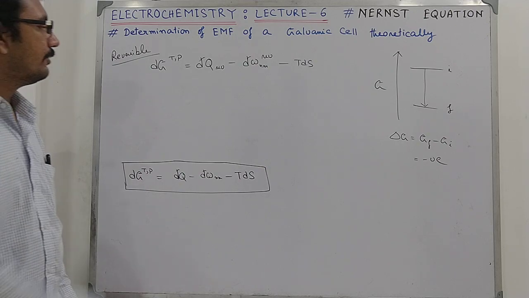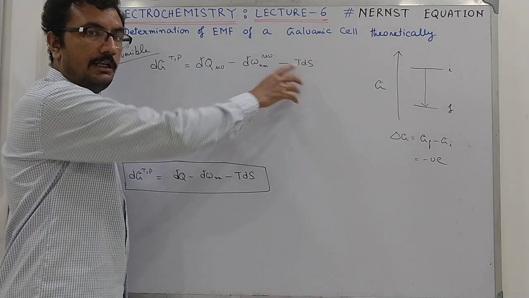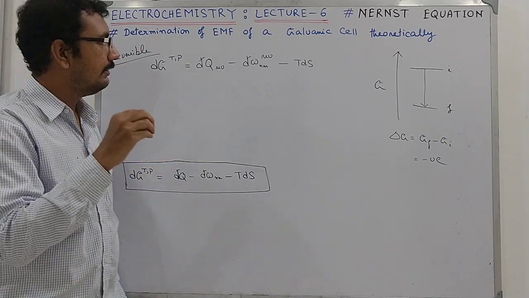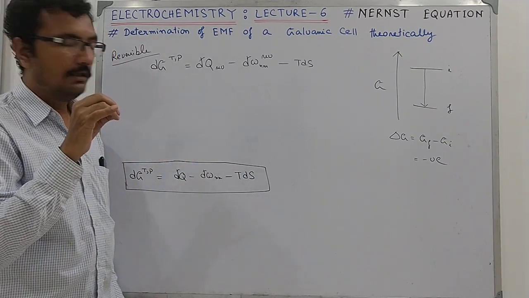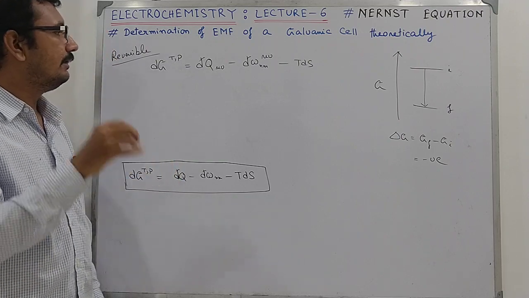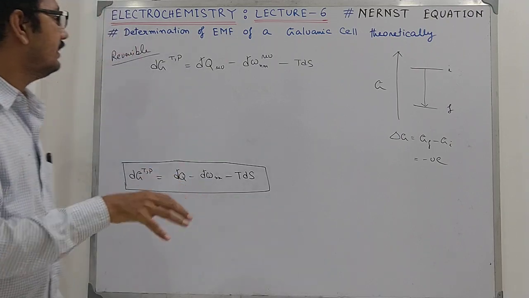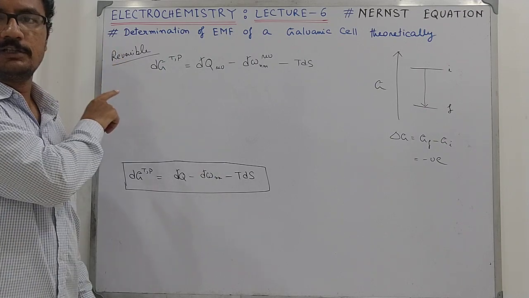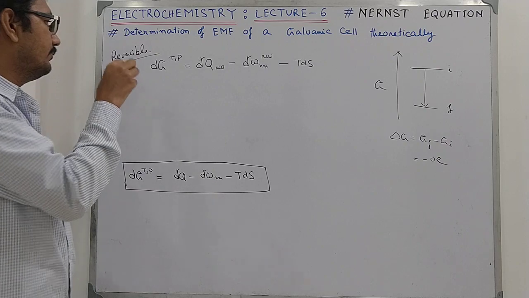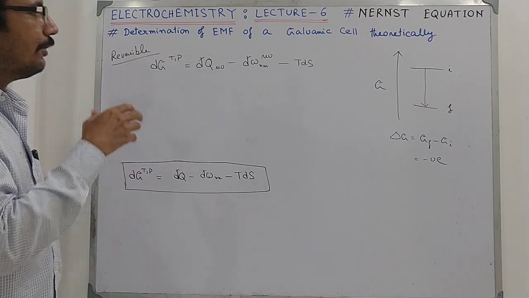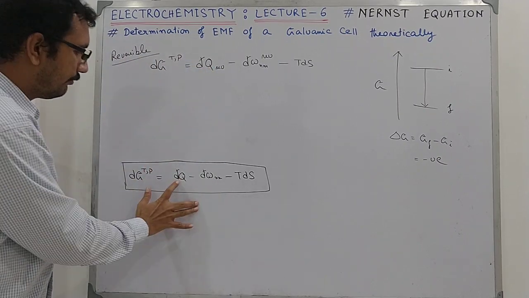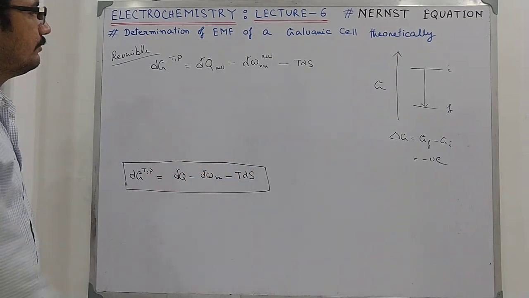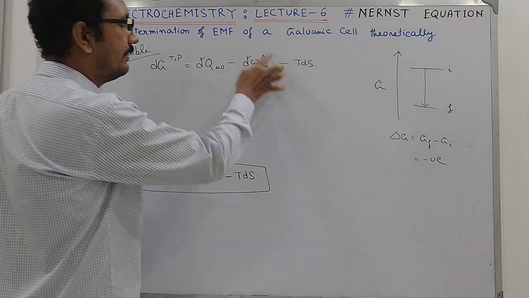Why? Because these two are state functions. They depend only on the initial and the final state, and are independent of the nature of the path of transformation. So if you approach reversibly or irreversibly, that is going to affect only these two path functions and not these two state functions. So we are writing reversible here and reversible here.